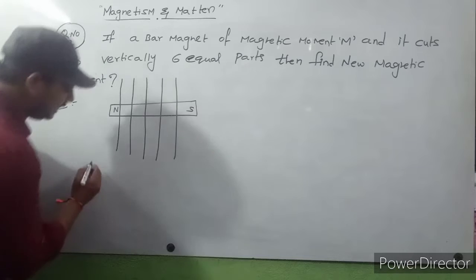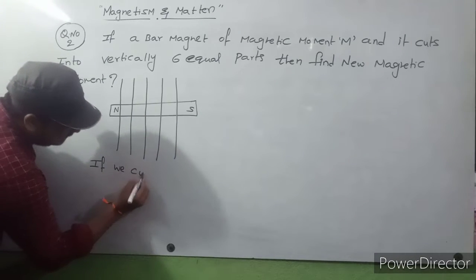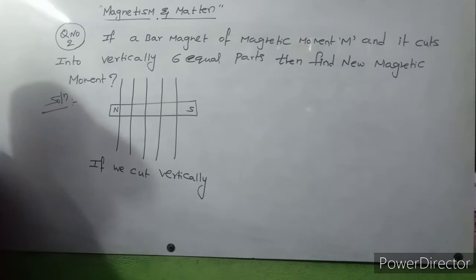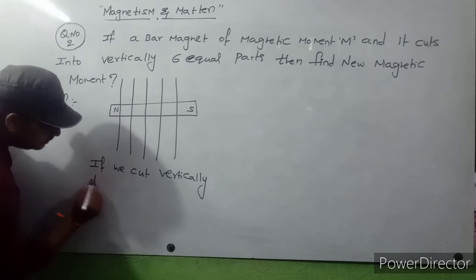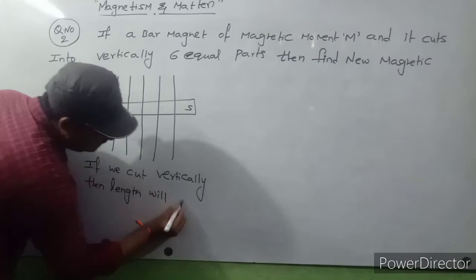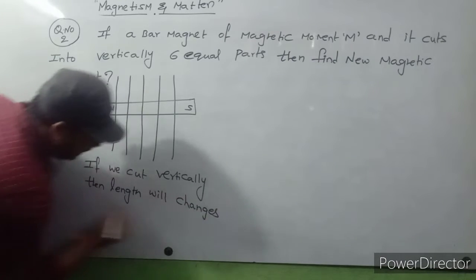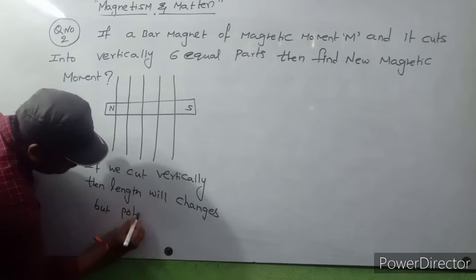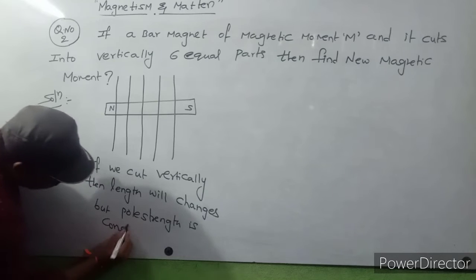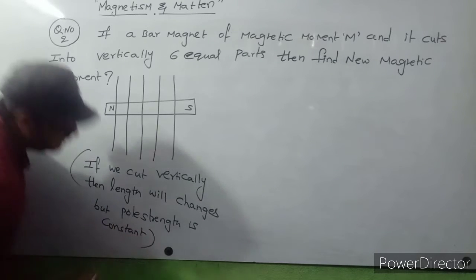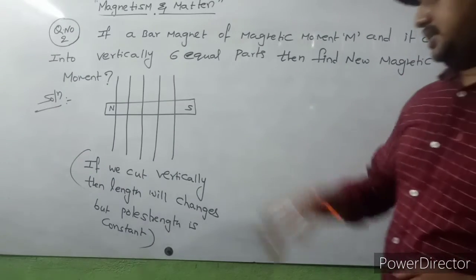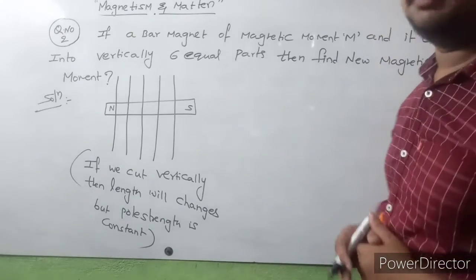If we cut vertically, the length will change, but the pole strength is constant.